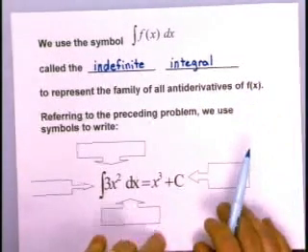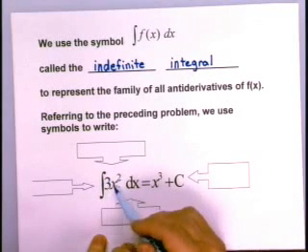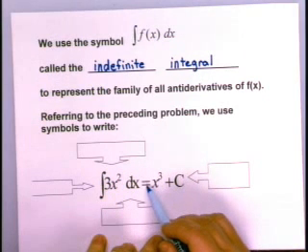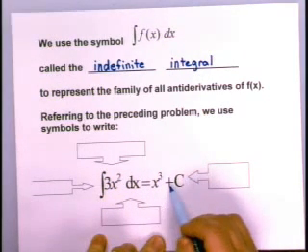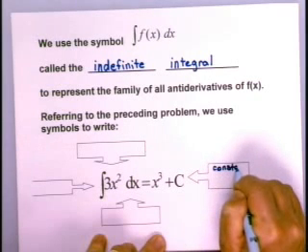In the problem that we just looked at, we could write that the integral of 3x squared dx is equal to x cubed plus c. C is the constant of integration.